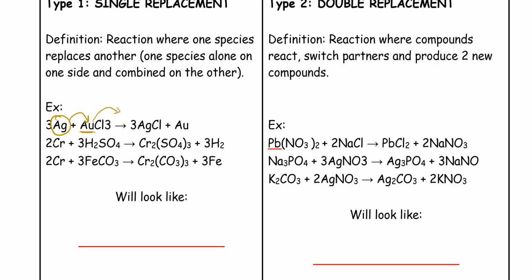The second example, we have chromium reacting with hydrosulfuric acid, aka sulfuric acid, in which the metal by itself will replace the first positive ion in the next compound. So now you end up with Cr2SO4 and then hydrogen by itself. So the hydrogen comes out by itself. It's basically a switch off. In the last example, we have chromium replacing iron, and notice how it's always the single element that's replacing the first positive ion in the compound in the reactant, okay?